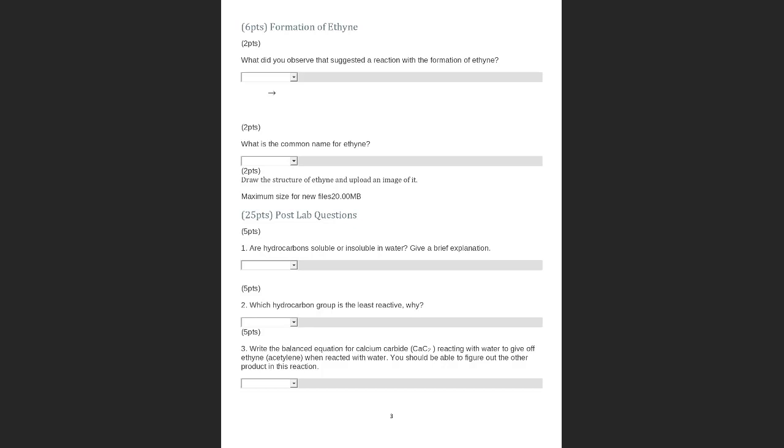And then the formation of ethine. It says, what did you observe that suggested a reaction with the formation of ethine? We said that ethine, which is this compound, we said that this is a gas.